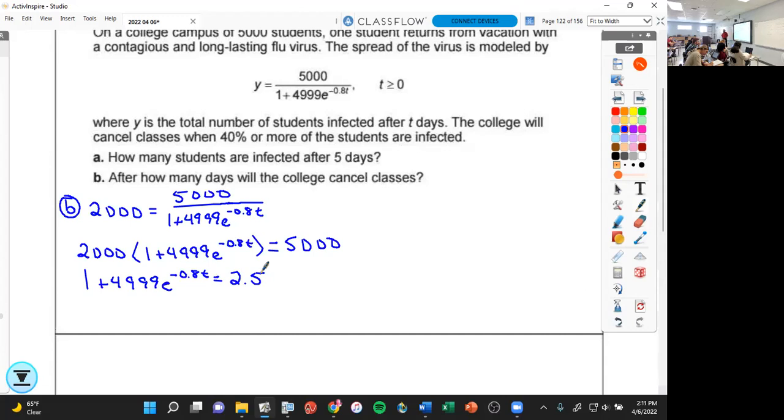Next step. Not yet. You've got to get e by itself before you take the natural log. Subtract 1. E to the negative 0.8 t equals 1.5.